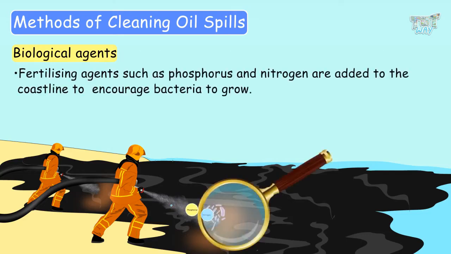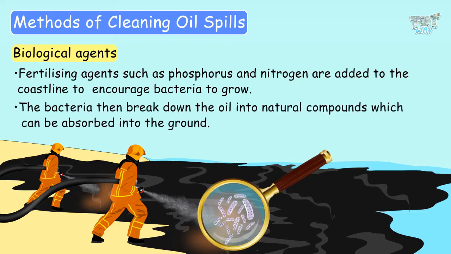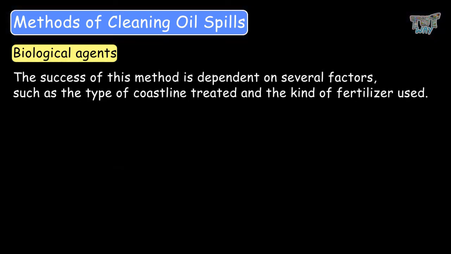Fertilizing agents such as phosphorus and nitrogen are added to the coastline to encourage bacteria to grow. The bacteria then break down the oil into natural compounds, which can be absorbed into the ground. The success of this method depends on several factors, such as the type of coastline treated and the kind of fertilizer used.